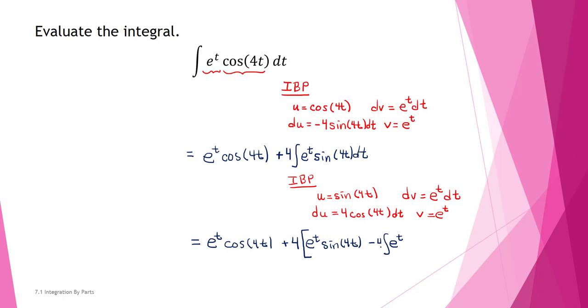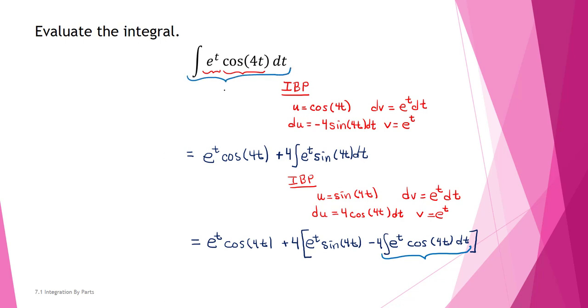I'm going to put the 4 out front. We have cosine of 4t dt. Now, what do we notice? It seems like we haven't made any progress because this integral is the same as the one we started with.